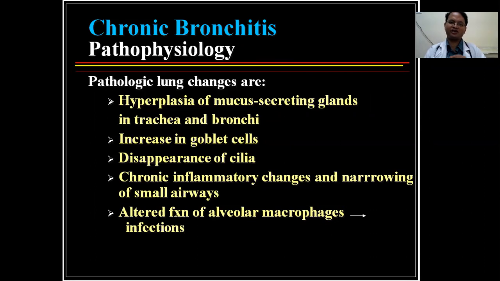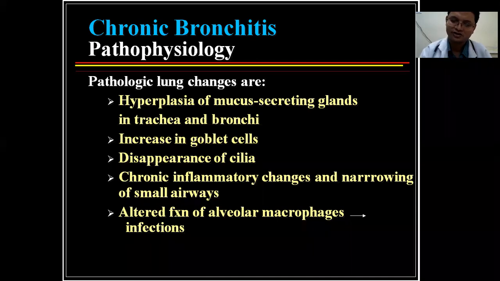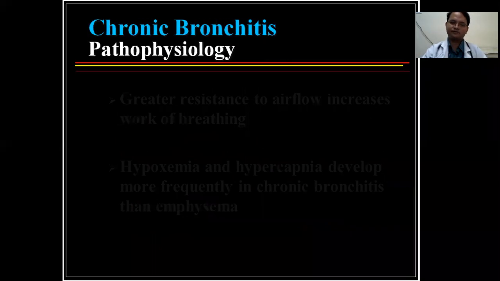The pathophysiology of chronic bronchitis, there will be hyperplasia in mucus secreting glands of trachea and bronchi. There will be increase in the goblet cells. There will be disappearance of the cilia, chronic inflammatory changes and narrowing of the small airways occur, and the altered function of the alveolar macrophages leads to increased prevalence of infections.